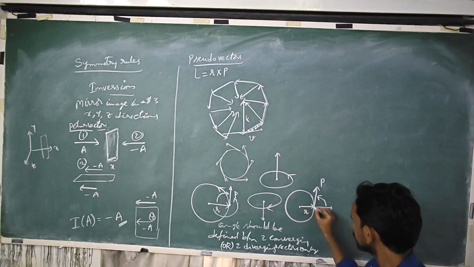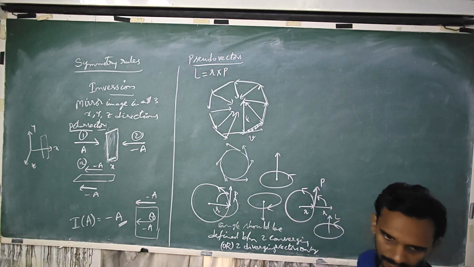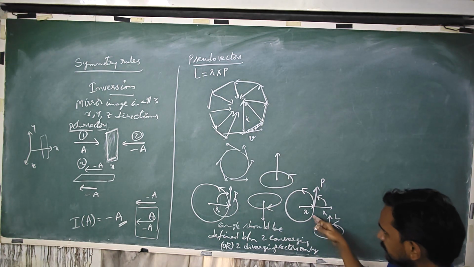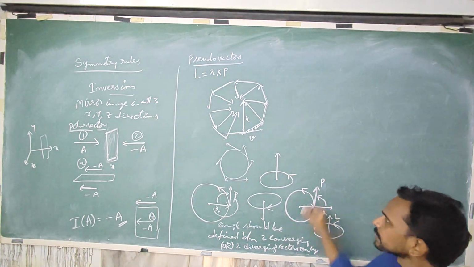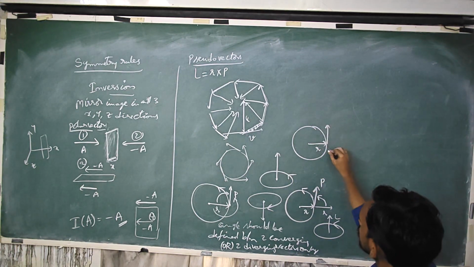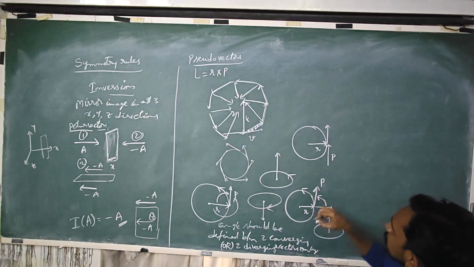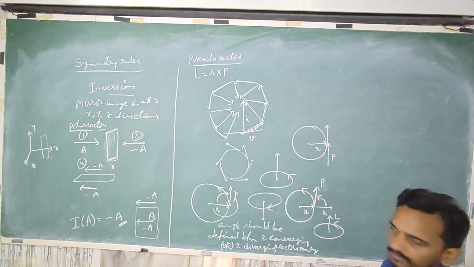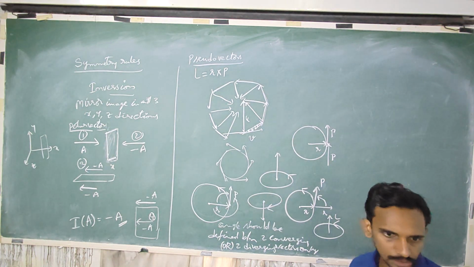So L is obtained by, if this is the direction of motion, this is the direction of the vector. The other way also you can try: you can obtain a converging pair by shifting P downwards. So this is R and this is P. I shift the P vector downwards. So now I got a converging pair. This is P, I shifted it downwards, a converging pair. Now I have to travel from R to P.